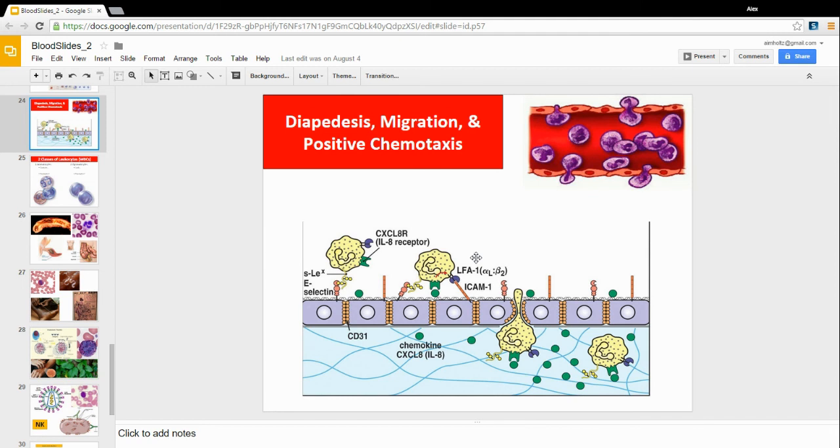Diapedesis is the fancy word for the process by which white blood cells get out of blood vessels. White blood cells have the ability to converge and amass themselves at sites of injury. They get there via the bloodstream. However, they got to get out of the bloodstream.